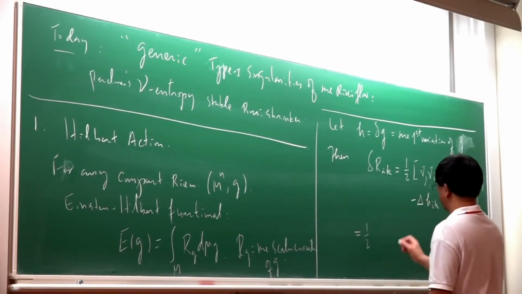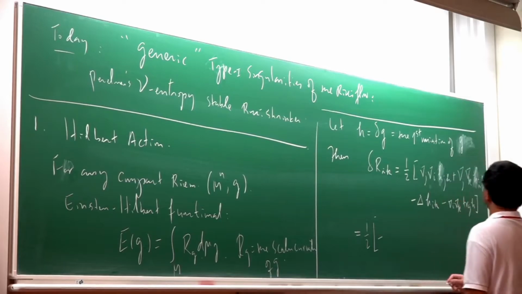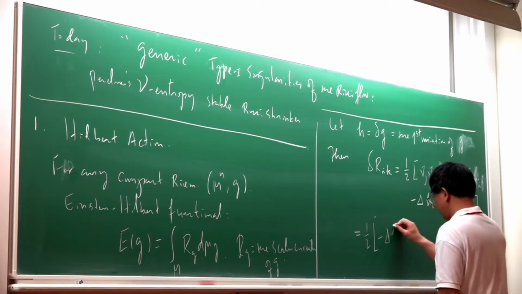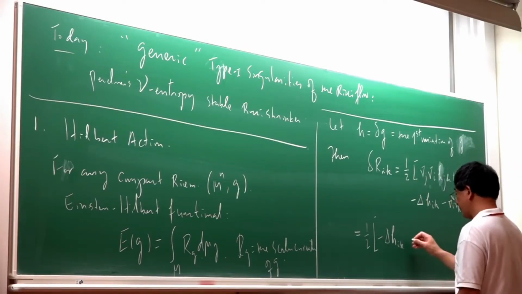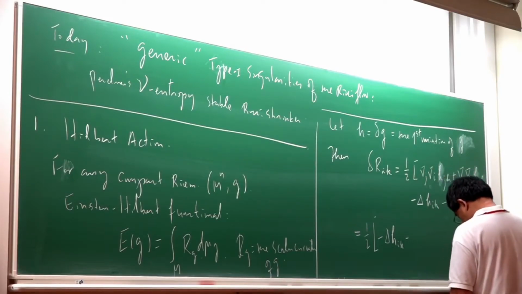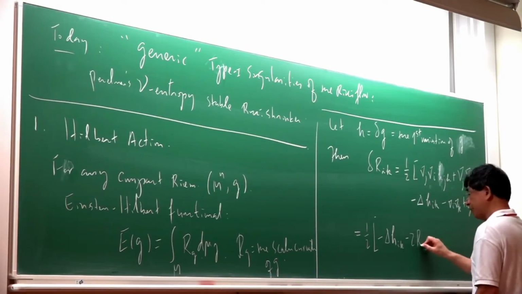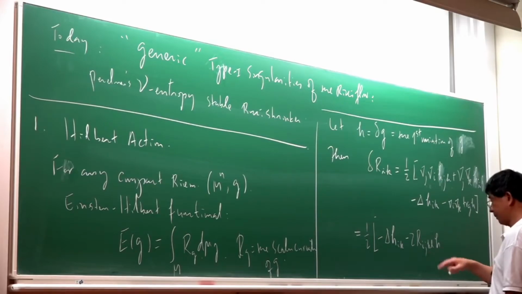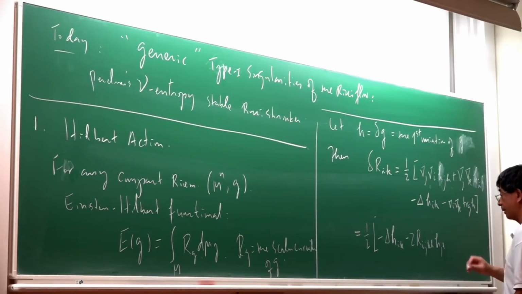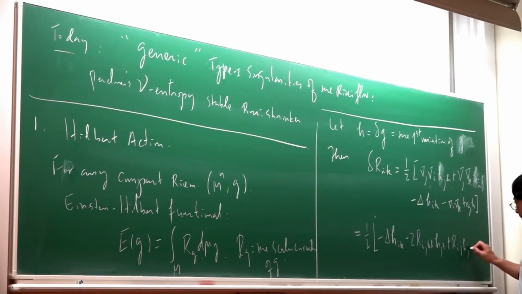So what you get is one half of the Ricci-Lichnerowicz part, which is the Laplacian of H, I'm going to skip the indices, minus twice the curvature acting on it, R IJKL with H JL, and then you have the Ricci acting on it, R IJ H JK plus the other way around, H IJ R JK.